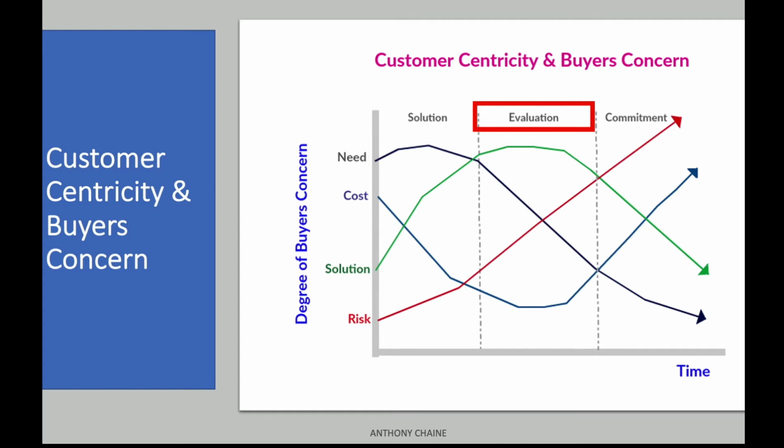The risk line starts to grow fast because now you are evaluating the options you have to buy a home and the risk attached to each option. The cost line is still not significant at this level, because you did not commit yet, you didn't sign anything.